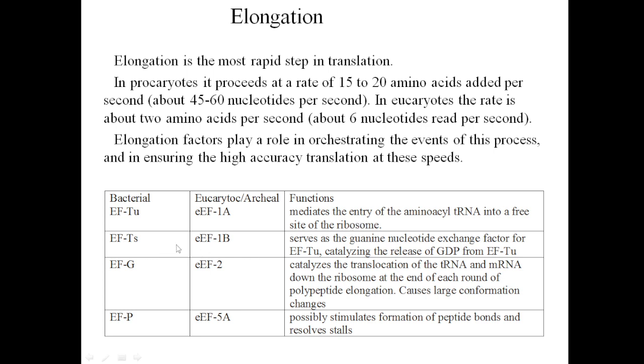It regenerates GTP, mainly a guanine nucleotide, which will be the source of energy. And elongation factor G, or elongation factor 2 for eukaryotes, provides translocation of tRNA and messenger RNA.